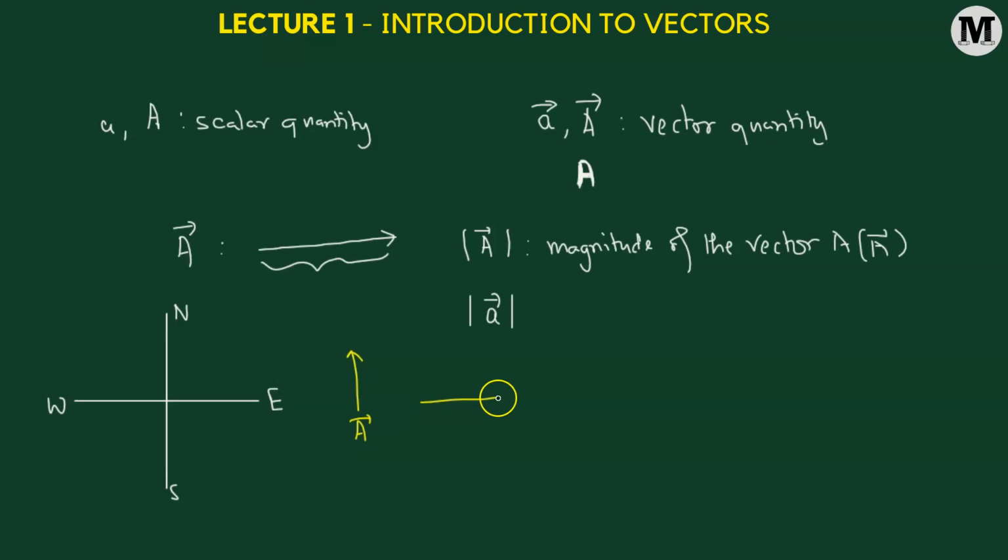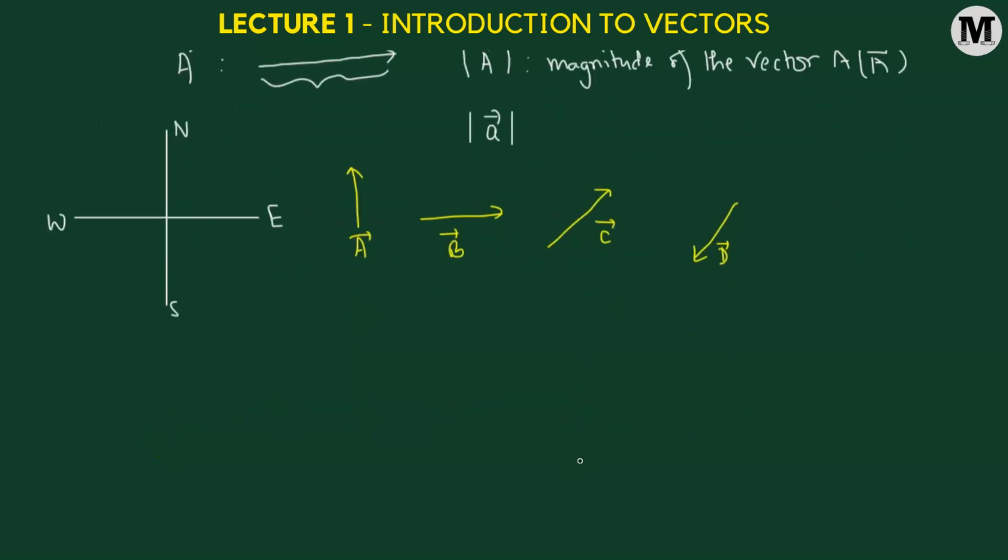Then we could have a vector B pointing in the east direction. We could have a vector pointing in the northeast direction. That means this particular vector is making an angle of 45 degrees with the north and also 45 degrees with the east. So this is going to be the vector C along the northeast direction. Then we could have a vector pointing along the southwest direction, meaning it is going to make an angle of 45 degrees with each of the south and west directions.